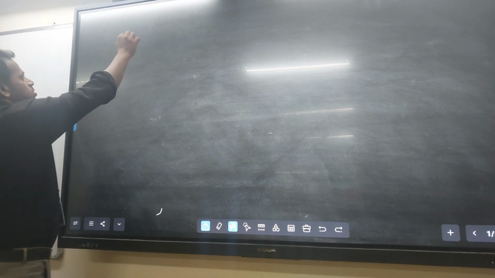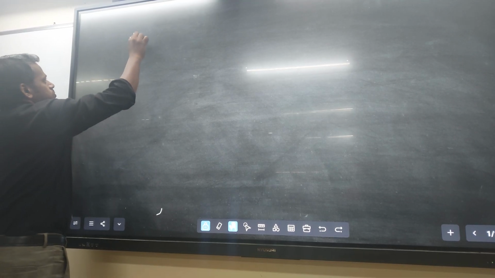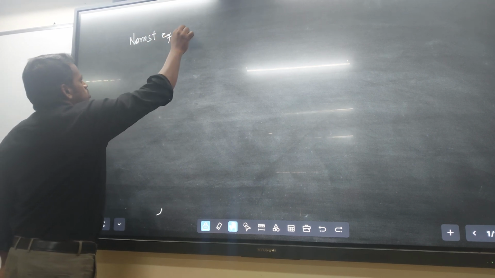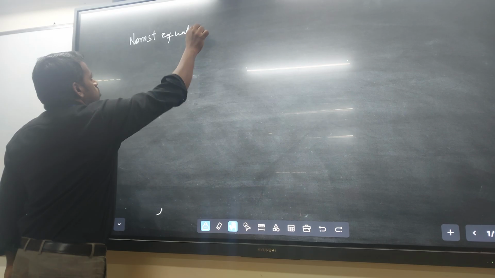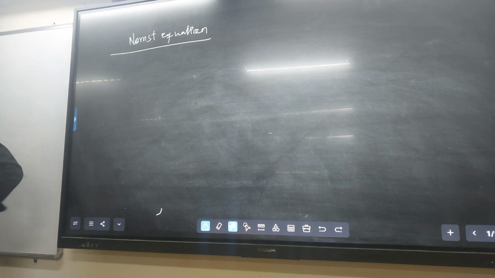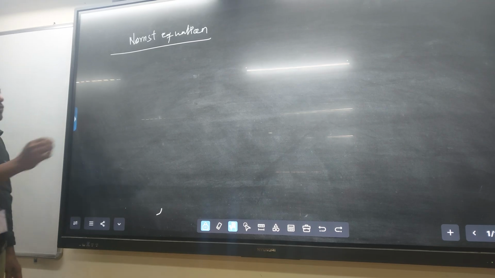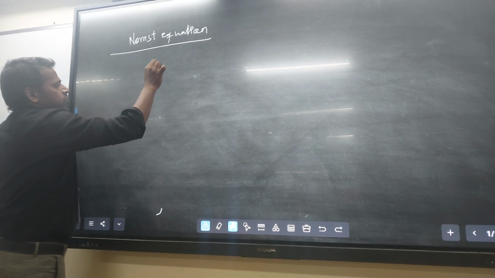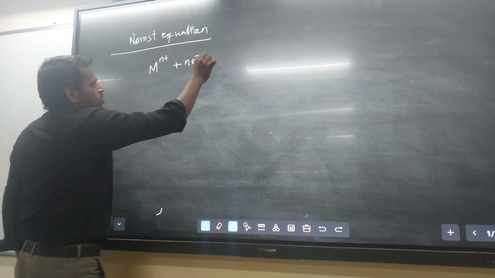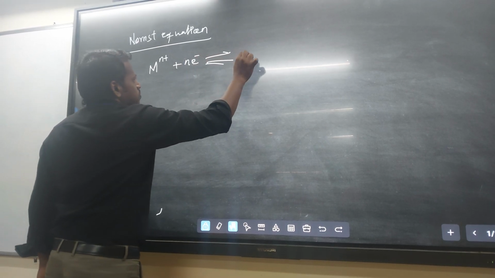Okay, right. So you know the Nernst equation. You take any redox reaction, reduction and oxidation, for example, any n plus n electron gives the product m, right?